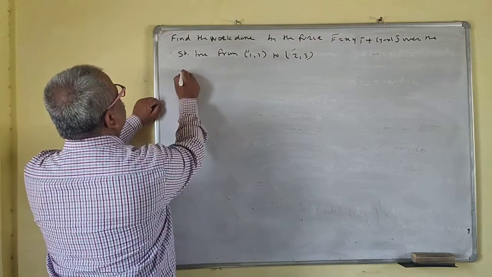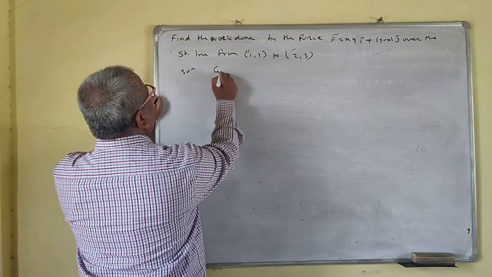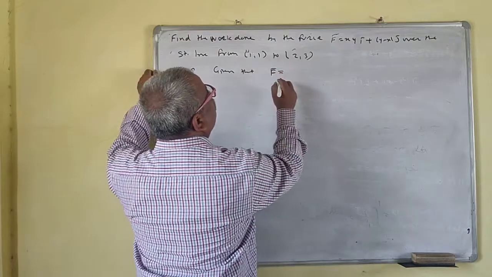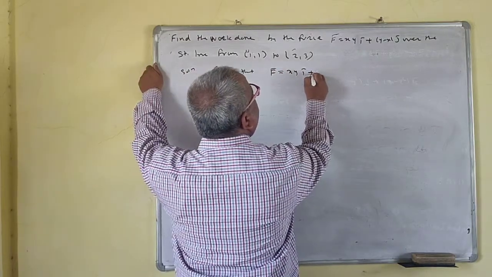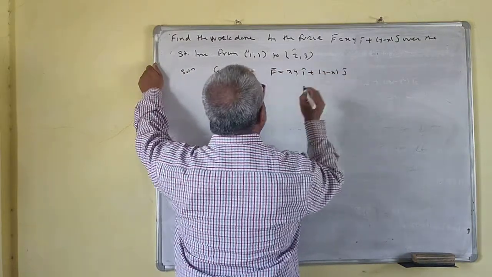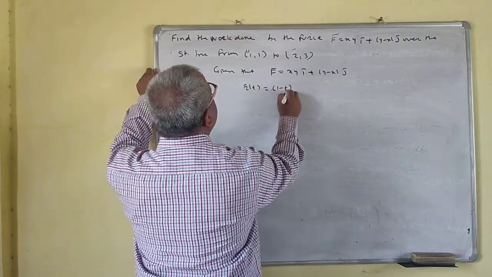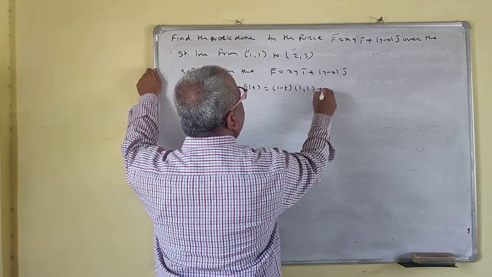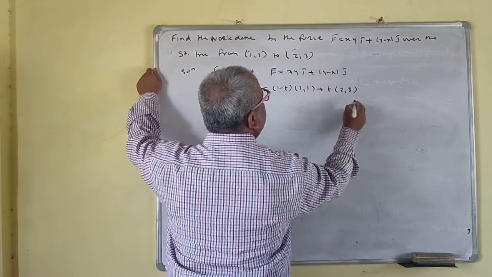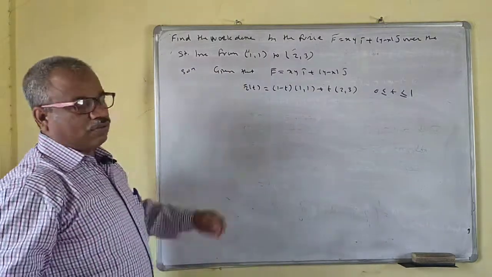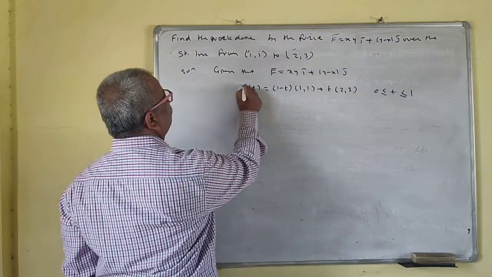Okay, solution. Given that F bar is equal to xy i bar plus y minus x j bar. So r bar of t is equal to 1 minus t times 1 1 plus t times 2 3, 0 less than or equal to t less than or equal to 1. This is your r bar of t.